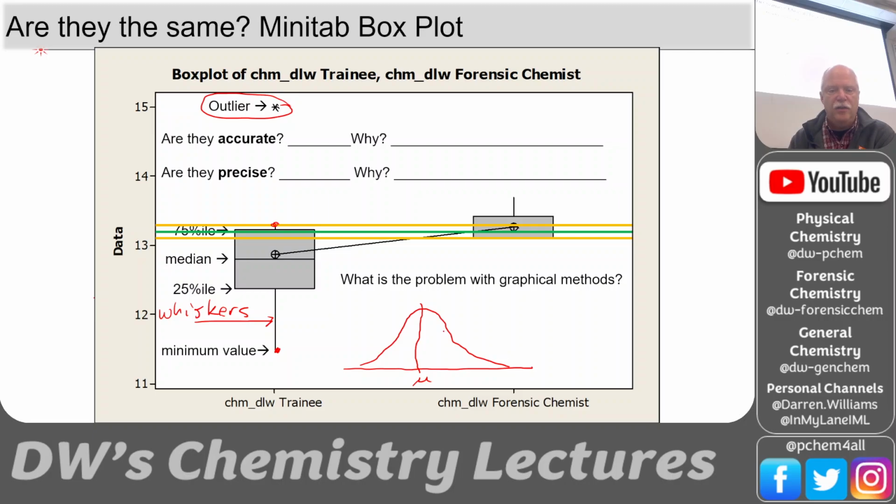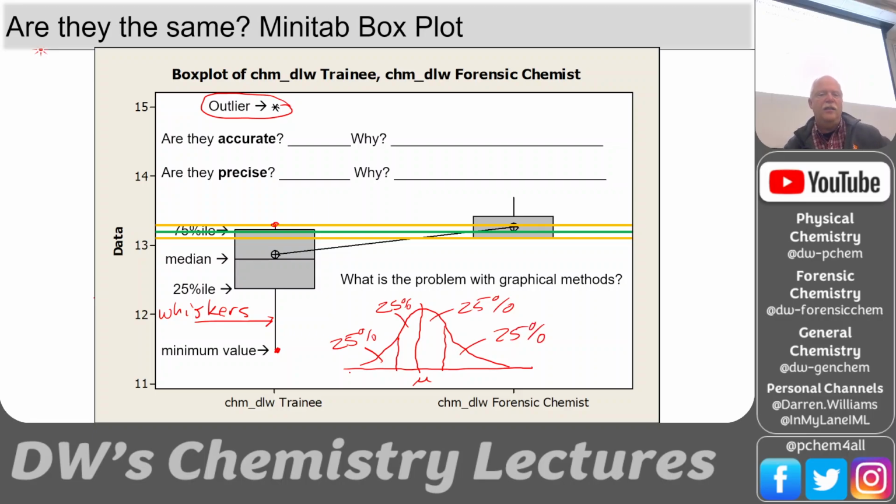Okay, then it also draws two more lines. And so this would be 25%. This is 25%. 25% and 25%.